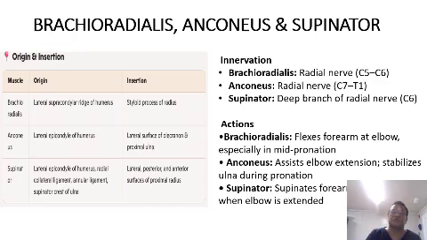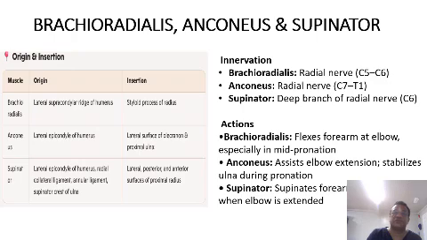This spiral-like insertion allows it to rotate the radius during supination, especially when the elbow is extended. So when the elbow is extended, it can supinate the forearm.